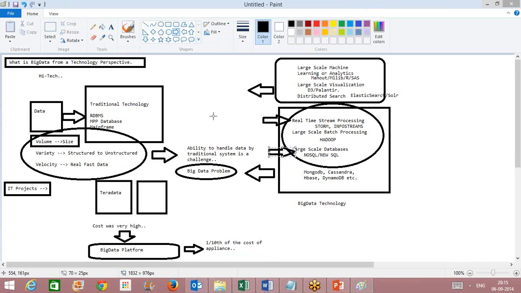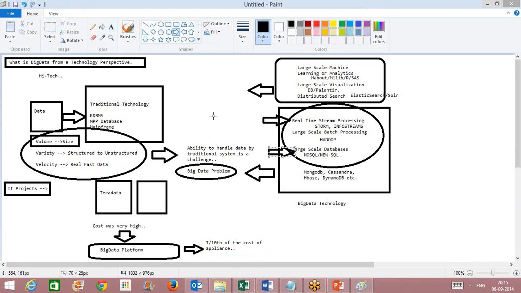So, ideally speaking, there is only one common thread which runs across all of them. And that common thread is, they are all distributed technologies. When I say they are all distributed technologies, it means that all of these run on distributed hardware. They are not monolithic hardware. In the sense, you have different servers connected together to solve the problem.